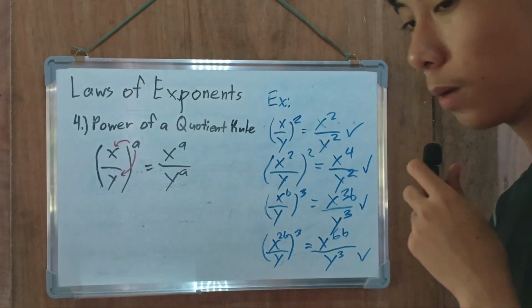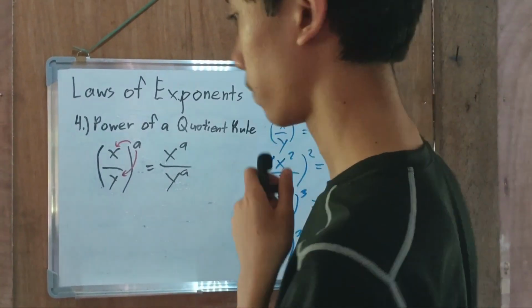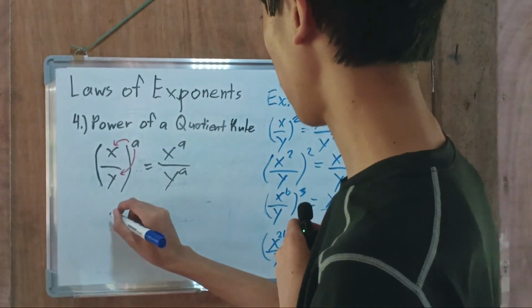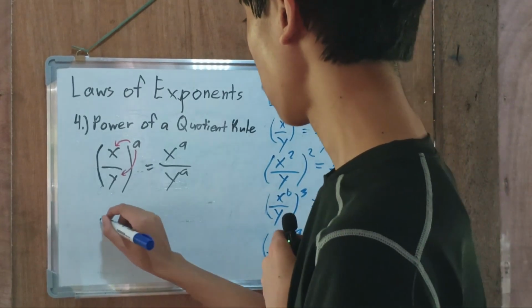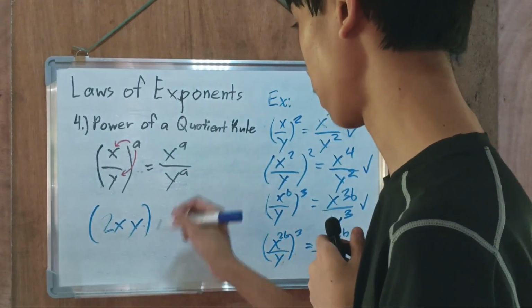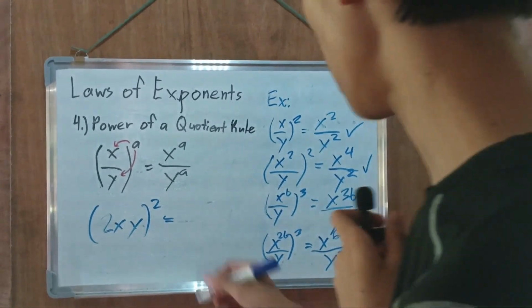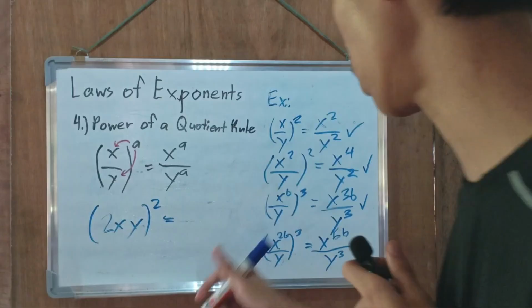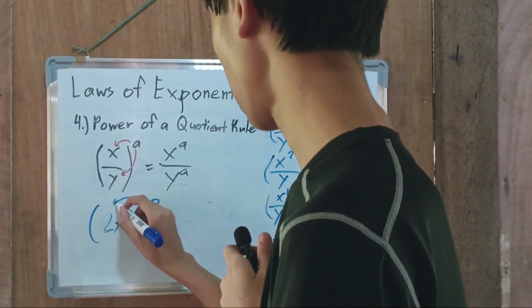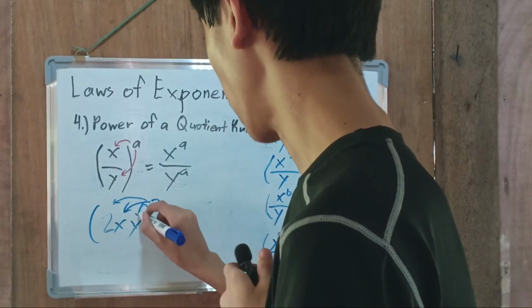Okay, so I'm gonna bring back the power of a product rule. So if 2xy is raised to 2, this means you're gonna distribute the exponent to the constant, the variable x, and y.